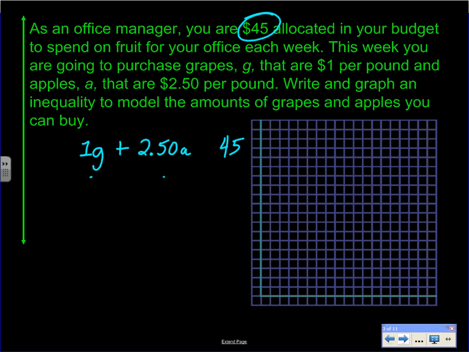If we're only allocated $45, we cannot spend more, so we're going to be spending less. The amount we spend on grapes and apples must be less than $45. Now you have to ask yourself, can it be equal to $45? Well, if we're allocated 45, we're allowed to spend all 45 of it. So that's why the inequality says less than or equal to.